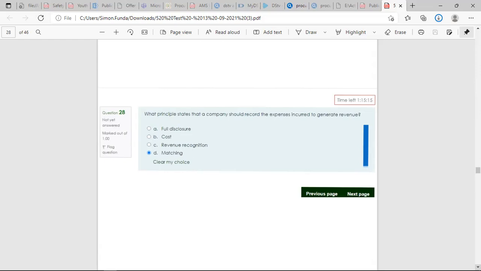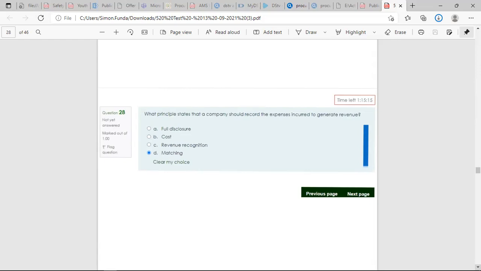The matching principle states that we are supposed to match the revenue generated with the costs or the expenses that we have incurred to generate that revenue.